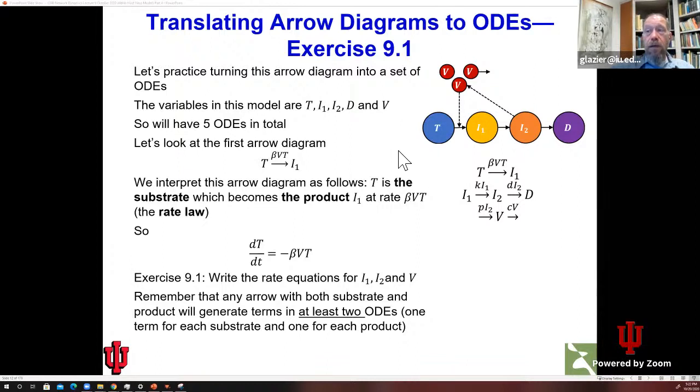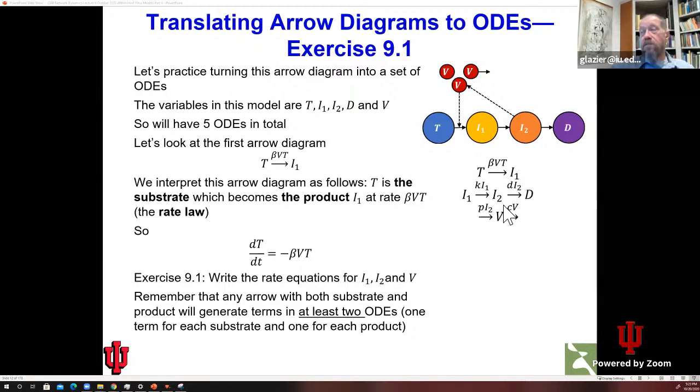Remember that if you have a single arrow like this that connects T and I1, that will have effects on 2 rate equations. It will have an effect on the rate equation for T and an effect on the rate equation for I1.